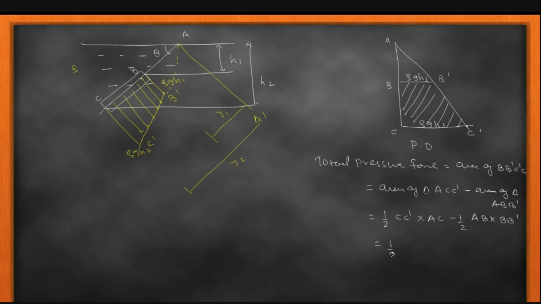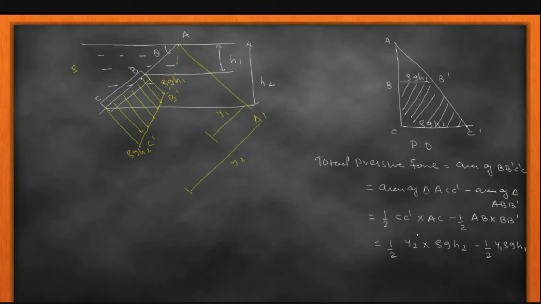So 1 by 2 into A C, which is the distance y2, into C C dash, which equals rho g h2, minus 1 by 2 into y1 into rho g h1.